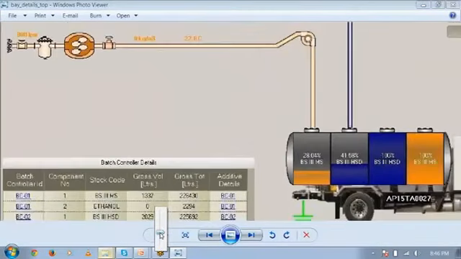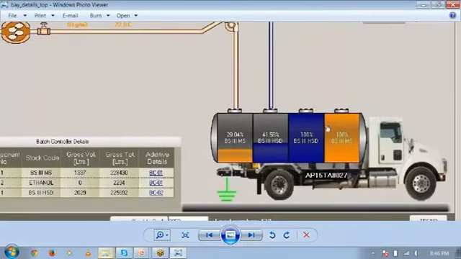I think it is visible. This is a transportation unit. This tank we call a transportation unit. In this transportation unit, we can assign different compartments. This is one compartment, this is another, and this is a fourth compartment.